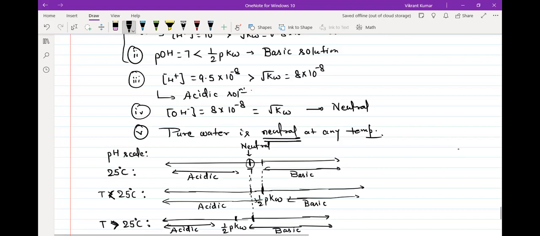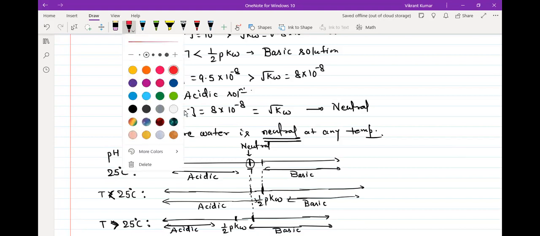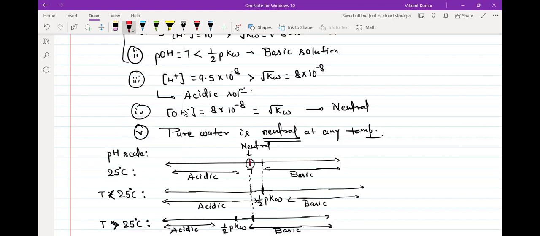I'll just show this 7 point because we are too much obsessed with this 7. So this is not always neutral. Here this has become acidic. Here the same point has become basic, right? So that always depends on what temperature we are working at.